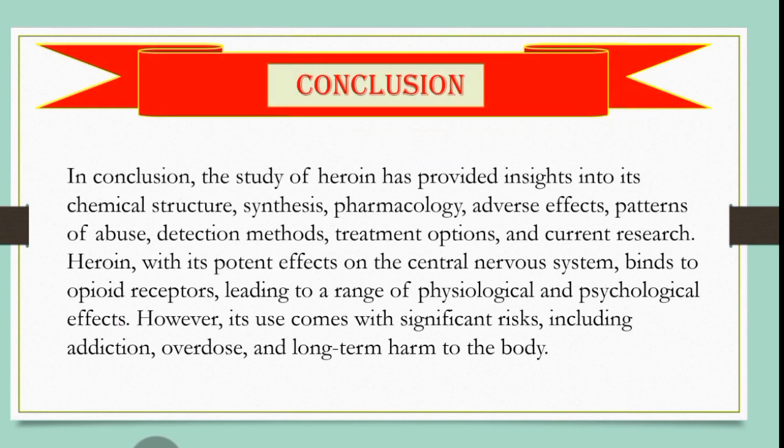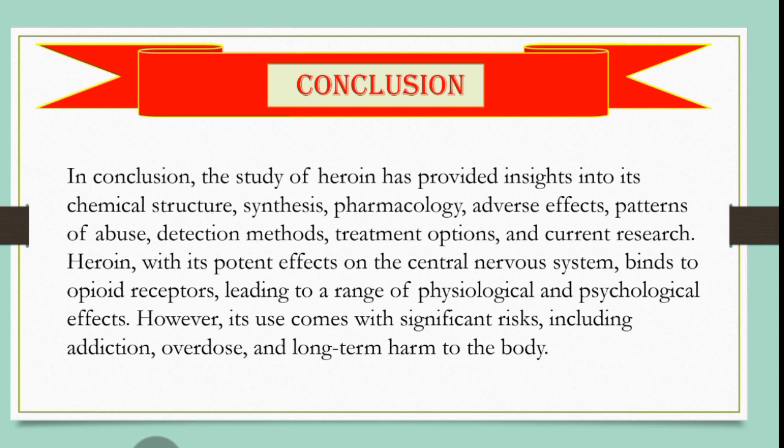In the last, we discuss the conclusion of the topic assigned to me, which is heroin. So basically, the conclusion is that the study of heroin has provided insight into its chemical structure, synthesis, pharmacology, adverse effects, patterns of abuse, reduction methods, treatment options, and current research.